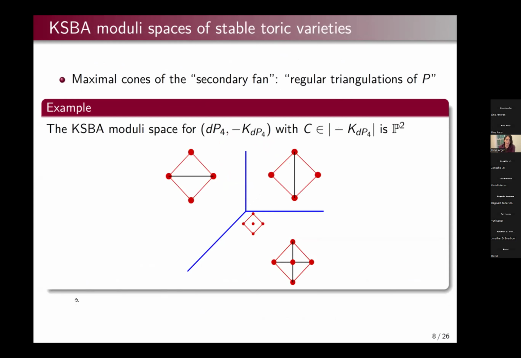So whenever you have a polytope, you can look at all possible regular triangulations. In our diamond-shaped polytope, you have these possible triangulations. And you can draw a fan, like in the blue picture, I drew the fan of P2 in blue. And the maximal cones of this fan will be in correspondence with regular triangulations of this diamond-shaped polygon.